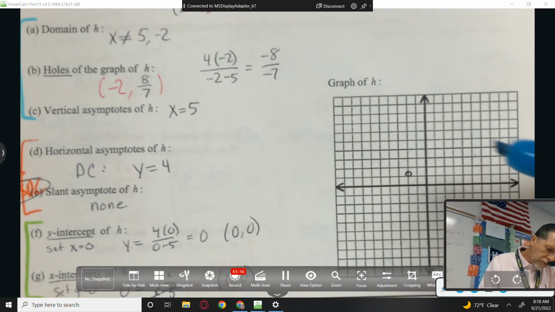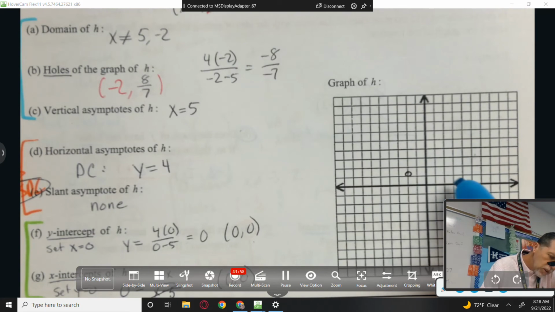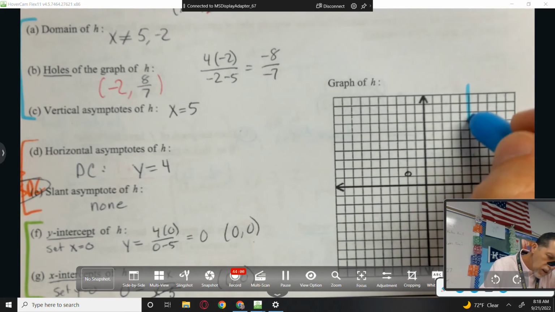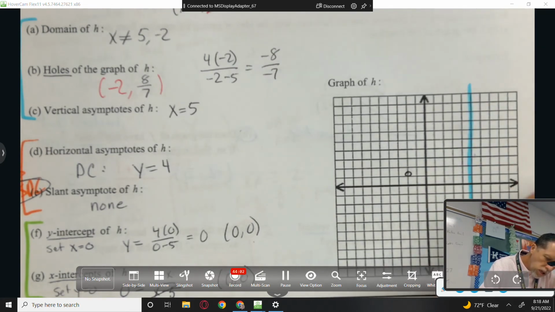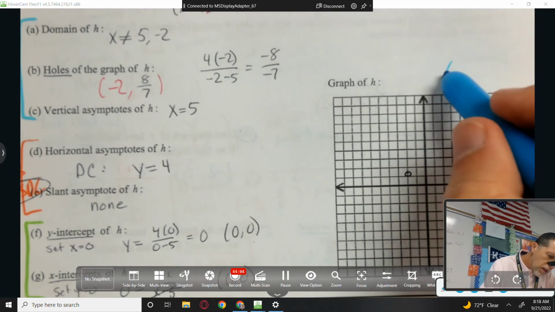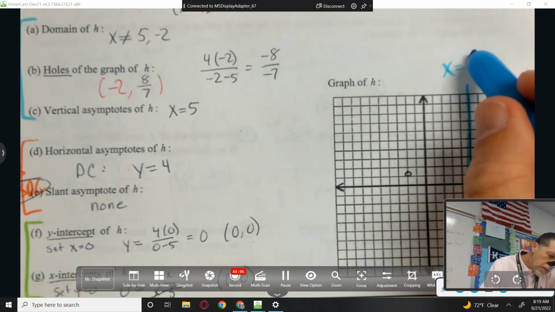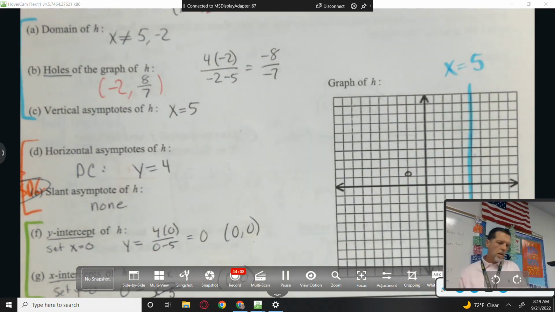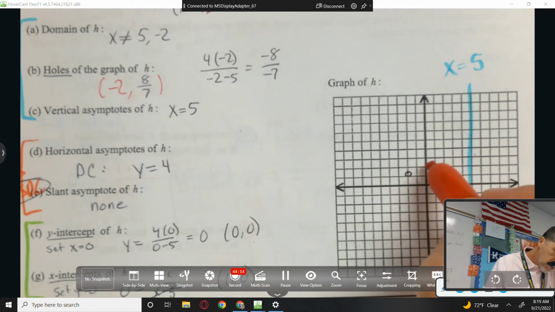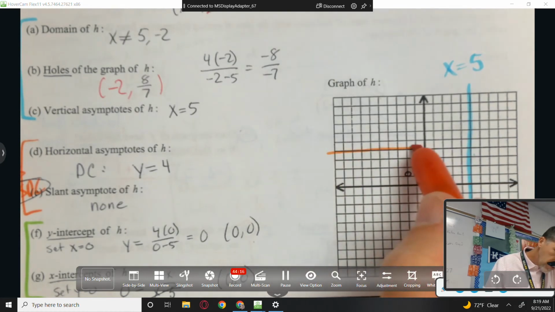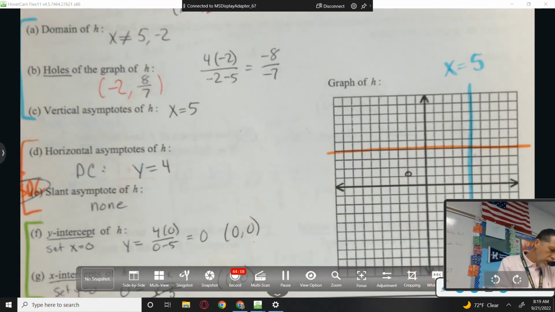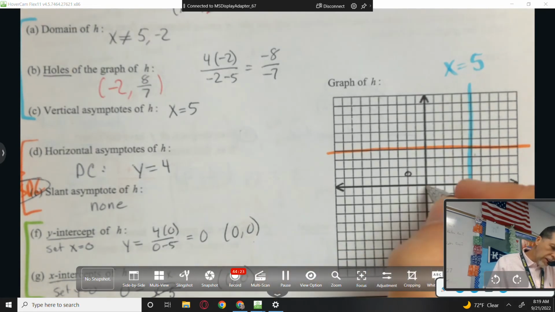Vertical asymptote at x equals 5. Horizontal asymptote at y equals 4. And the x and y intercept at the origin.